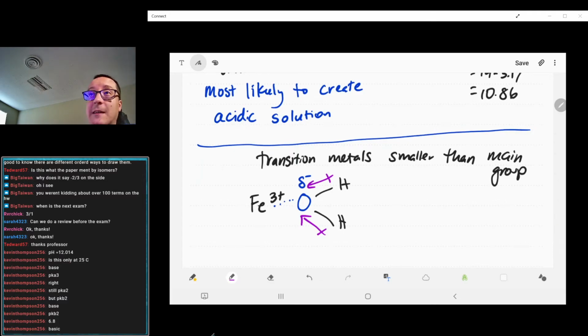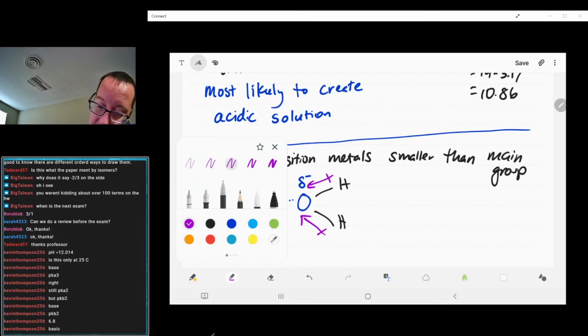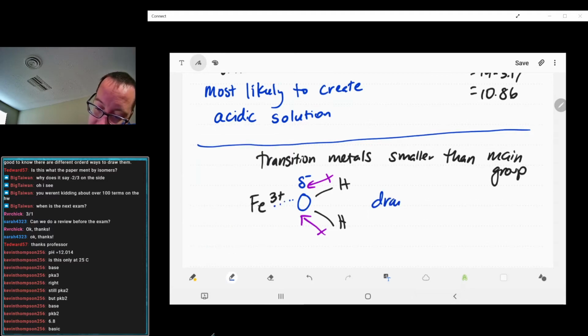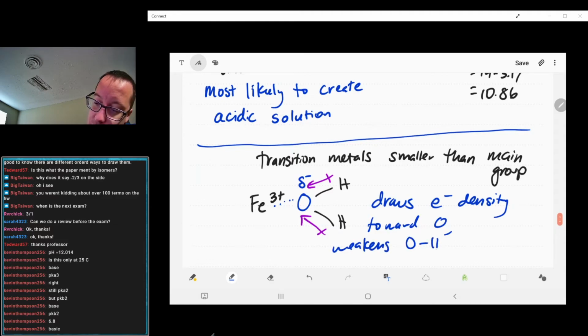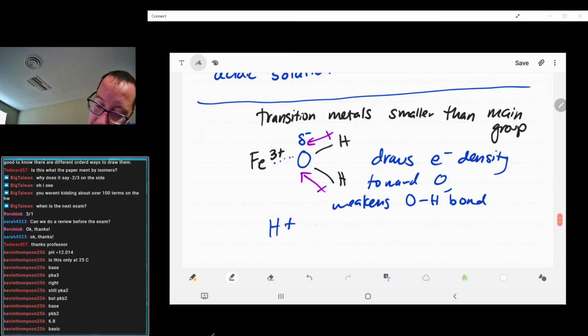Because it's next to something so positive, and because it's so small it can get really close, this will draw electron density toward oxygen, which weakens the OH bond. And if it's weaker, that means we're more likely to be able to pluck off that H+.